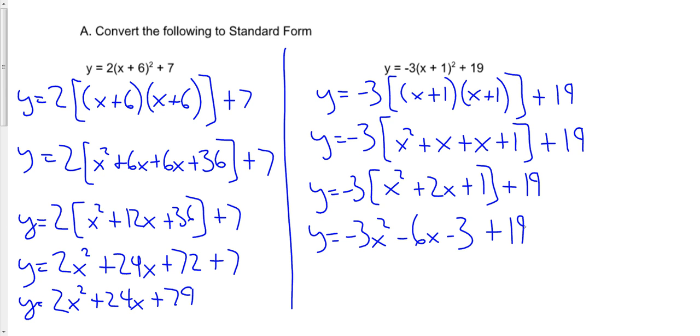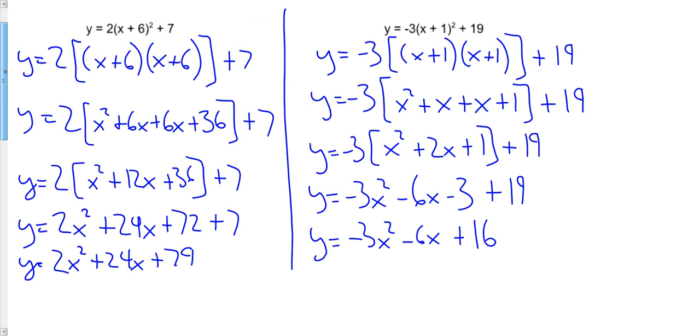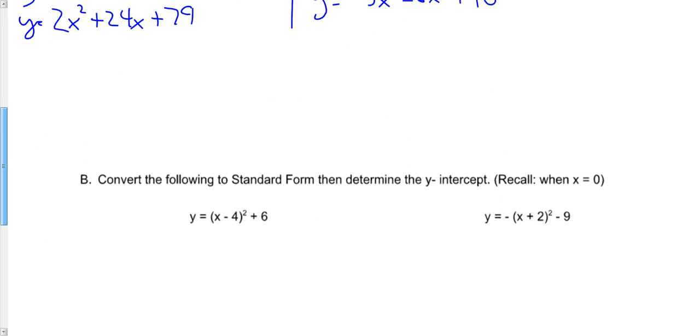So my final answer here is going to be y is equal to negative 3x squared minus 6x plus 16. So I've just gone through and used my skills for multiplying and completed that piece.